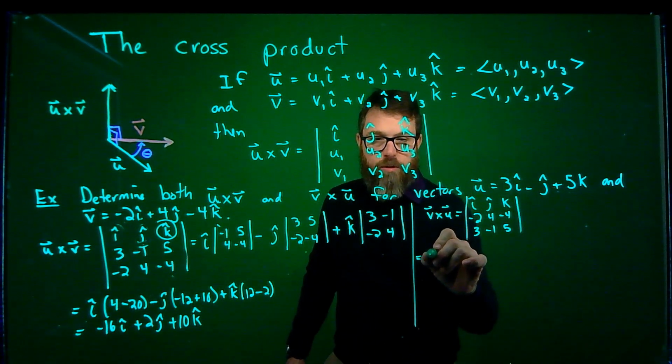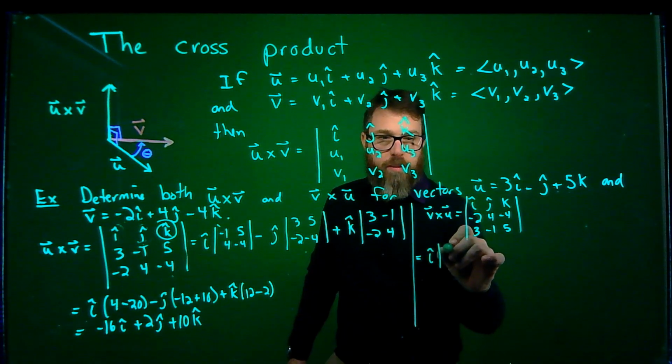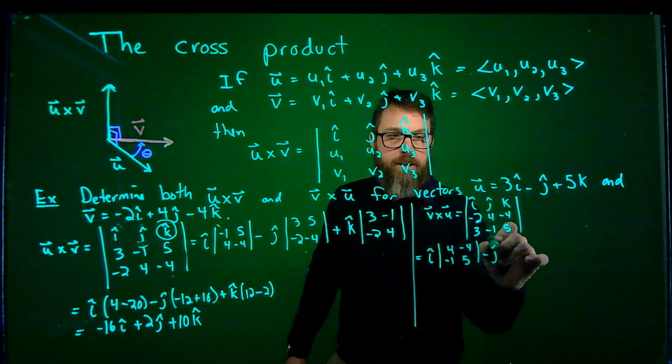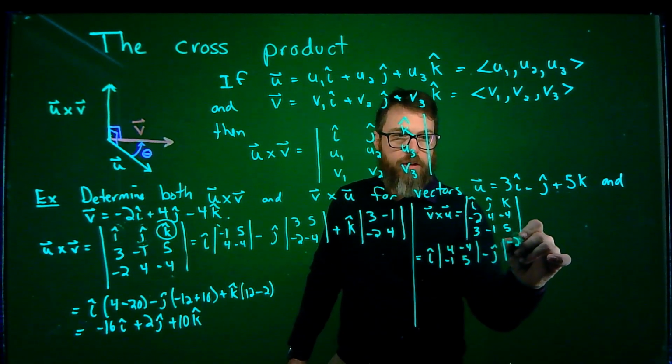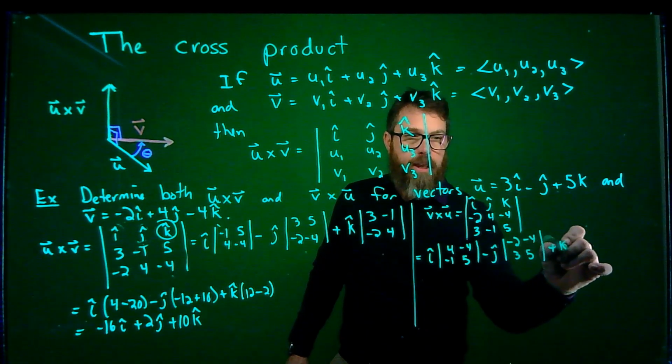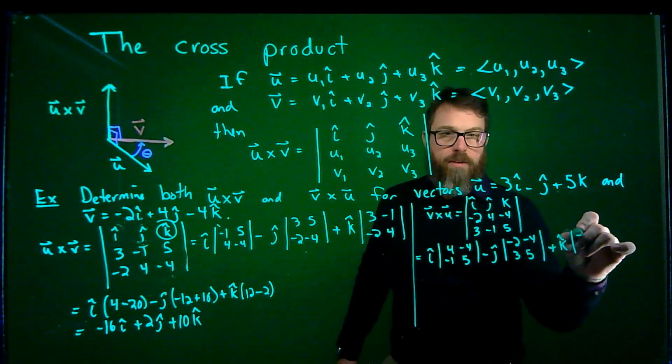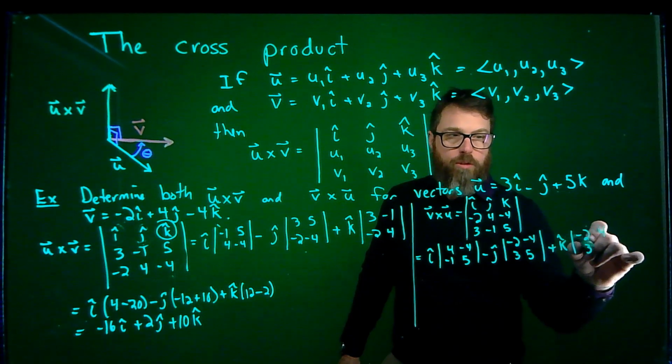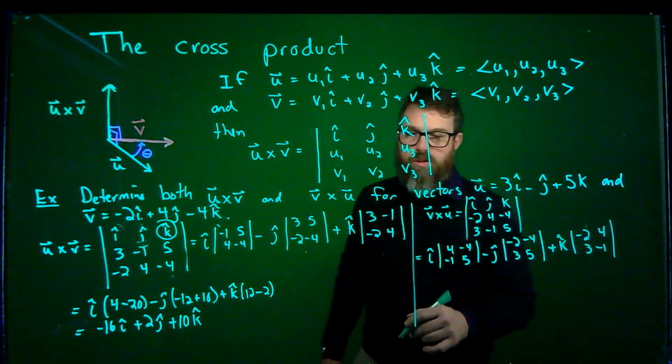This is going to be equal to i times the determinant of [4, -4; -1, 5], minus j times the determinant of [-2, -4; 3, 5], plus k times the determinant of [-2, 4; 3, -1]. So really just using the same method we just did before.